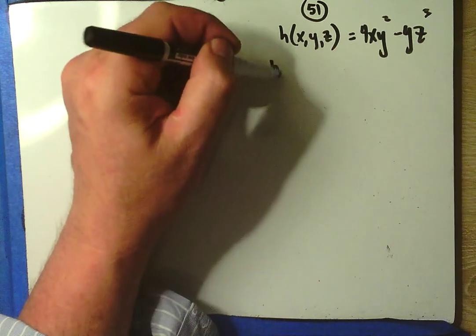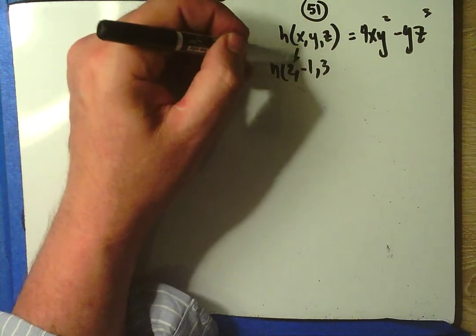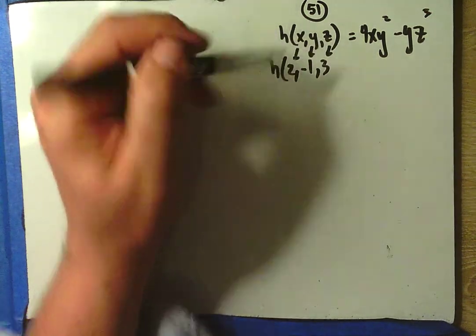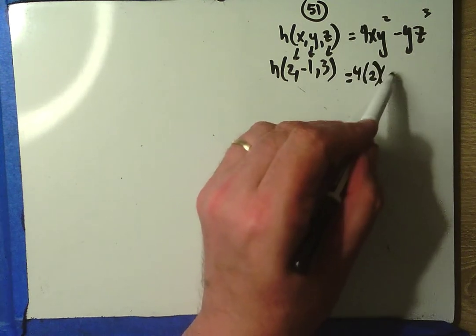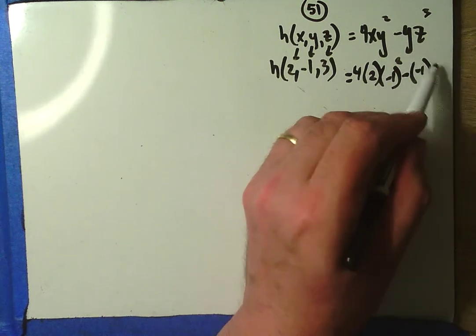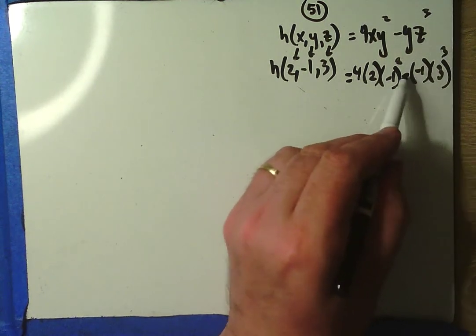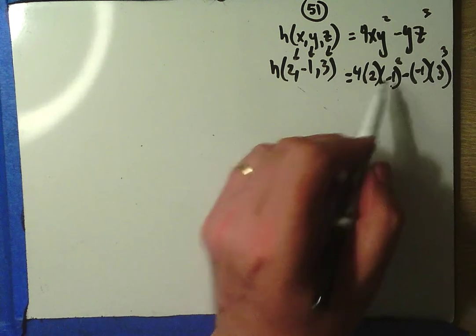Then they want us to evaluate h of 2, negative 1, 3, which means we plug in a 2 for x, a negative 1 for y, and a 3 for z. Okay, so 4 times 2, negative 1 squared, minus negative 1, 3 to the third. Minus a minus is going to be plus. Negative 1 squared is going to be positive also.